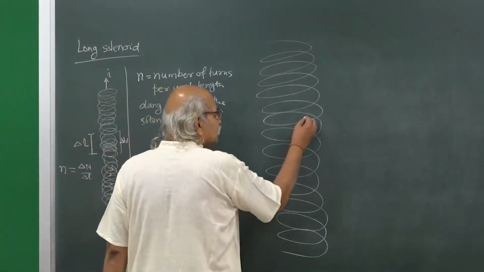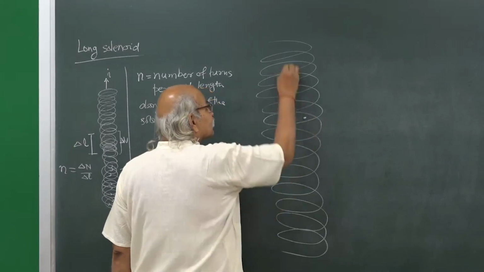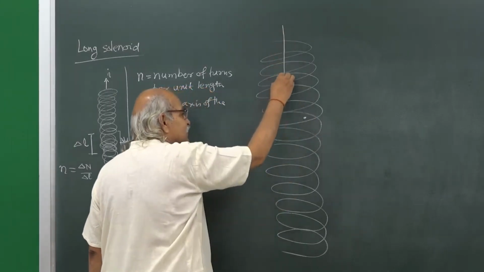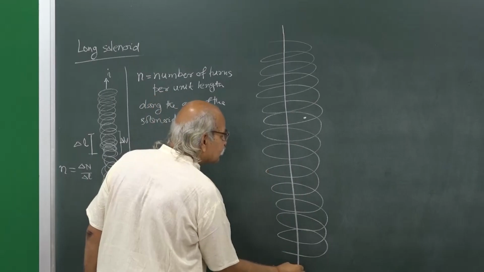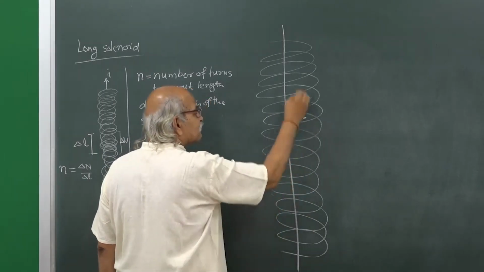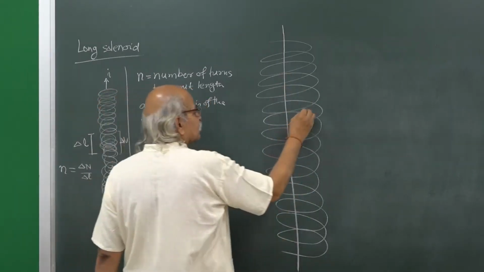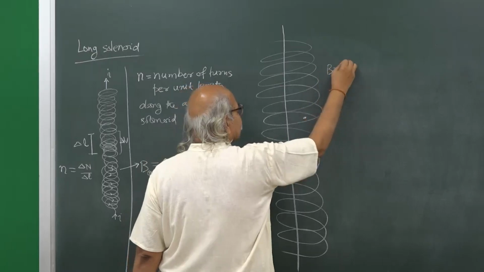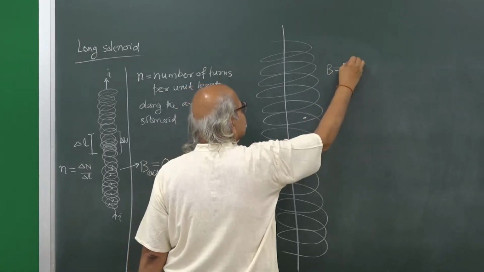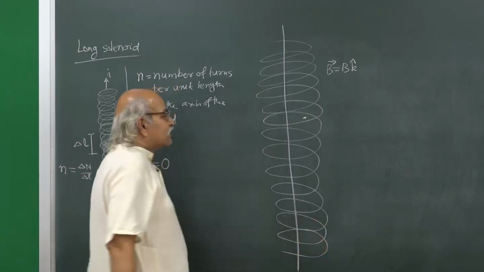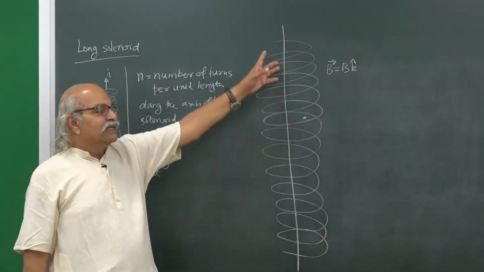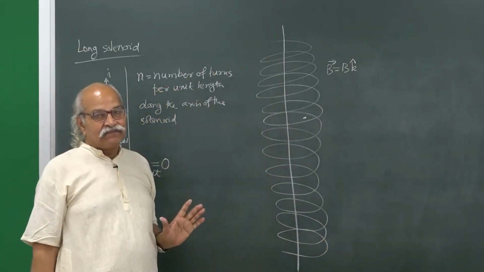And we want the magnetic field here at some distance s from the axis, and we know that the magnetic field is in z direction. That is known, that we have established, that magnetic field everywhere inside will be in z direction.